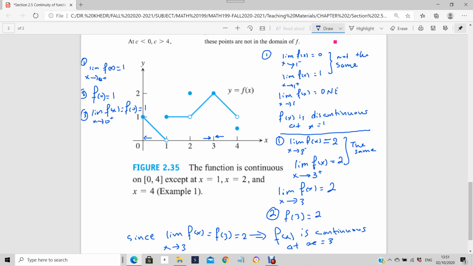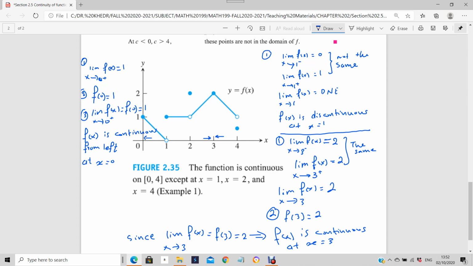Okay. Then the third condition is satisfied. We will say f of x is continuous from the right at the left end, at x equals 0. Okay.